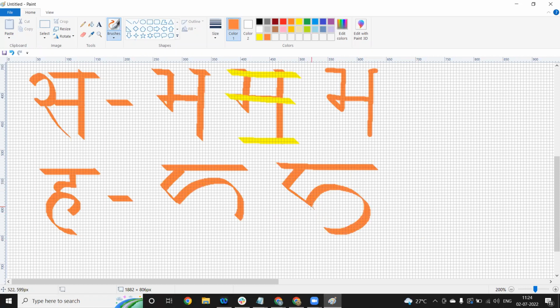There is a reason why I'm asking you to keep it a little wider, because when we learn the Sanyukta Akshar or the conjuncts and matras, we will need some space here to write other letters or matras or anything. So just avoid using this narrow loop. Make this loop a little wider so that you have enough space here. We basically need this space empty.